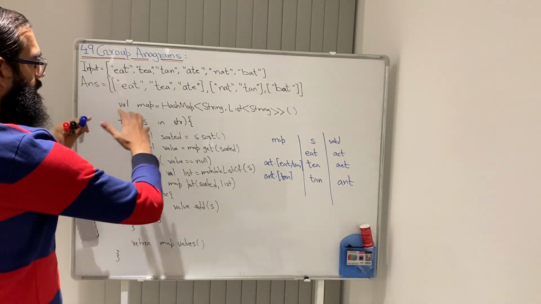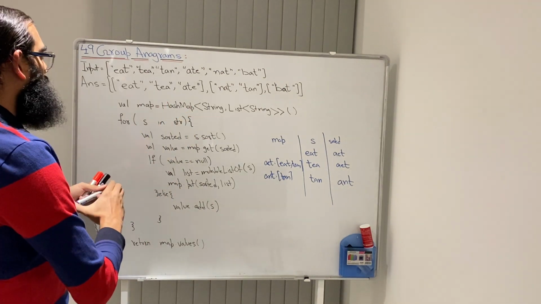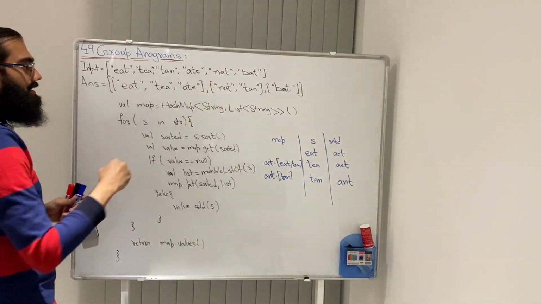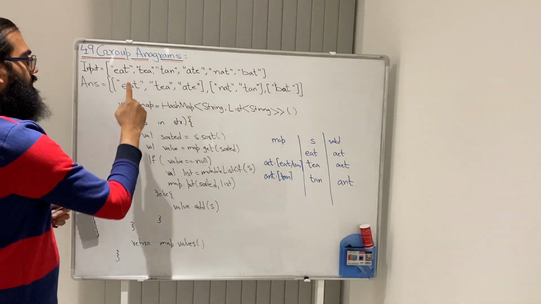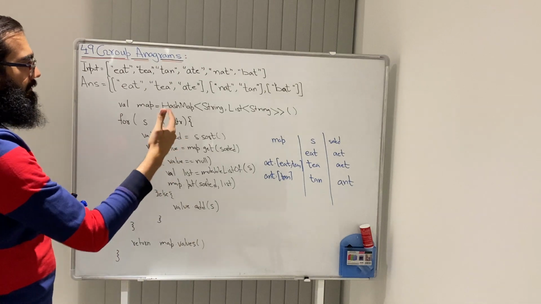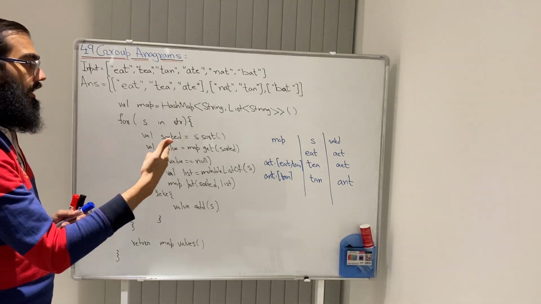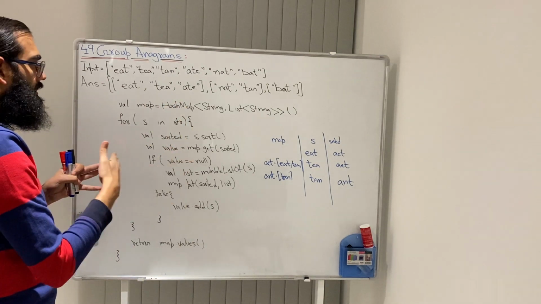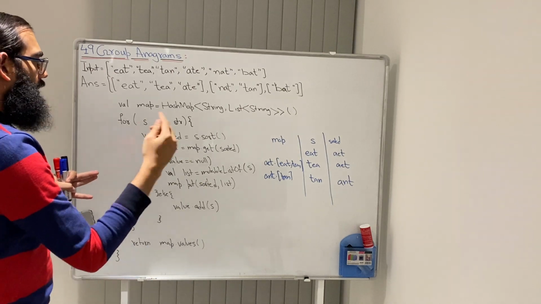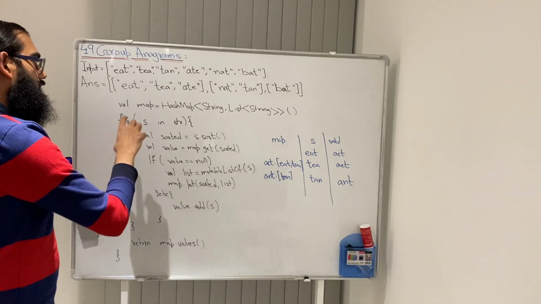So this is our first algorithm. How did I think about it? We have a question, these are anagrams, and I figured out what an anagram is. Then I found that by doing a sort, I always get the same characters in the same position. So by doing that, I took a map.